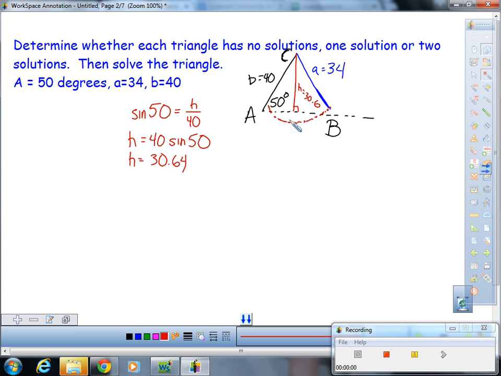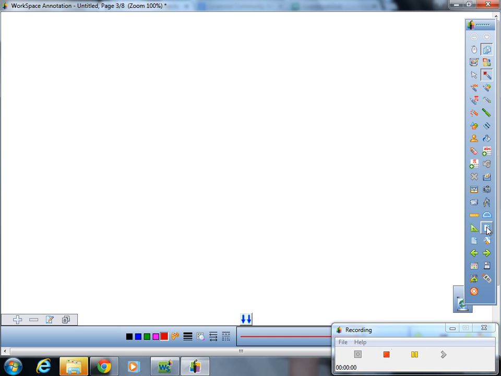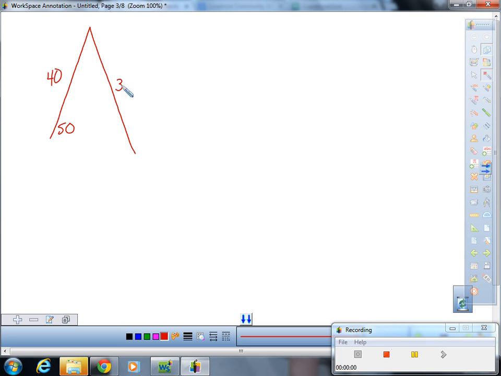So I'm going to clear this board momentarily and draw a bigger version of what's actually happening. We have this acute triangle, or acute angle, where we have a 50 here, a 40 here, was that 34?